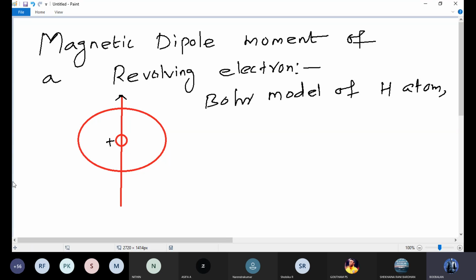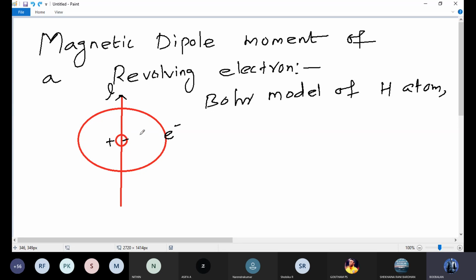In the center there is the nucleus, and the outer electron is there, same concept. I will consider only the positive charge at the center. The outer electron is revolving around the nucleus.